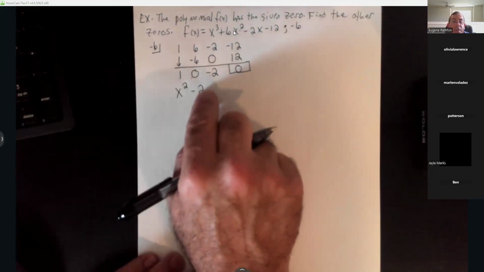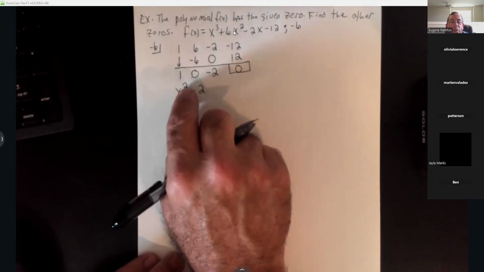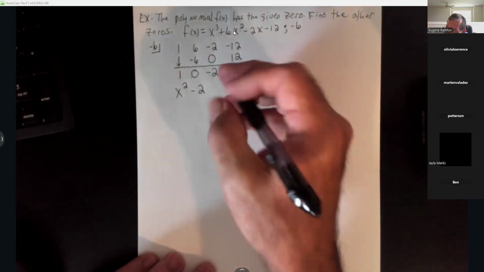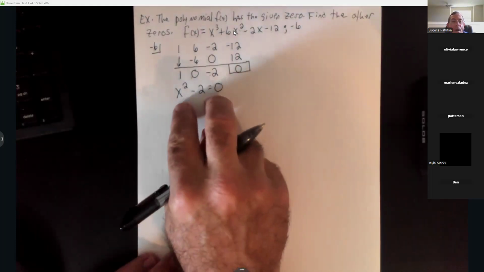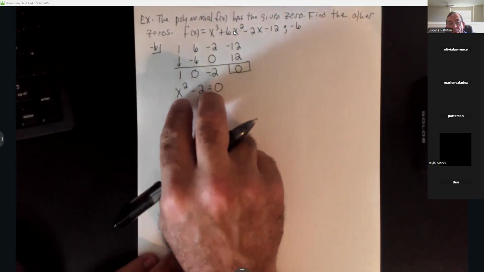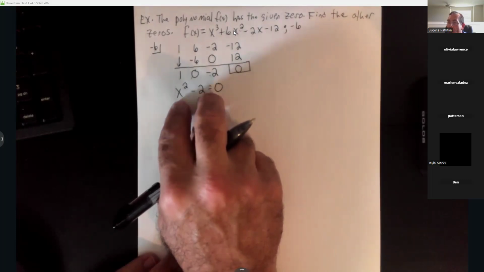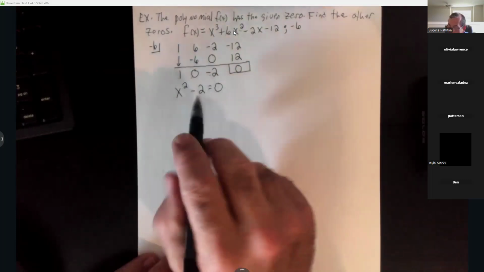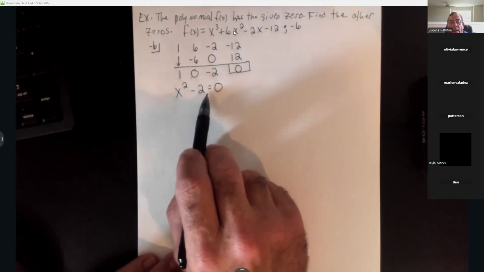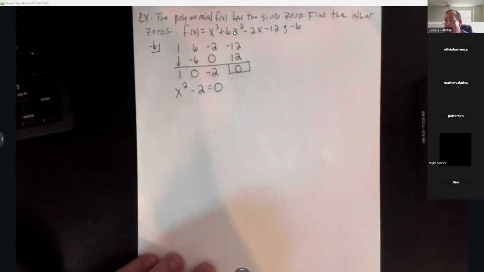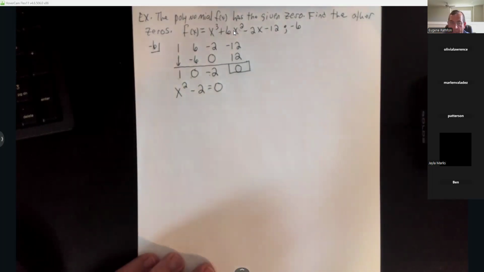So what we would do at this point, once you get it down to an x squared, you can set this thing equal to 0 and solve for the last two zeros doing the quadratic stuff. So remember, anytime I had an x squared and a number, I put the number on the other side and did square roots to get my two answers, okay?